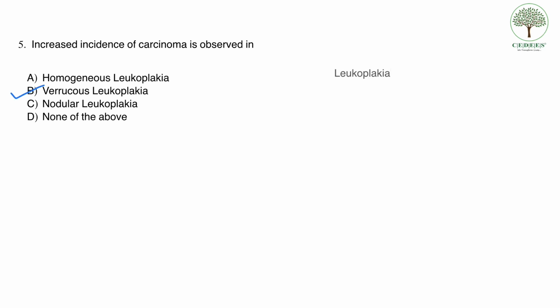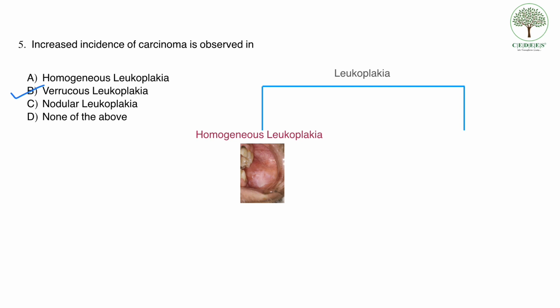Now, leukoplakia, we all know, is a clinical term used to describe white lesions on the oral mucosa which cannot be rubbed off. It is subdivided into homogeneous and non-homogeneous based on its appearance. As the name suggests, homogeneous leukoplakia has a negligible malignant potential.